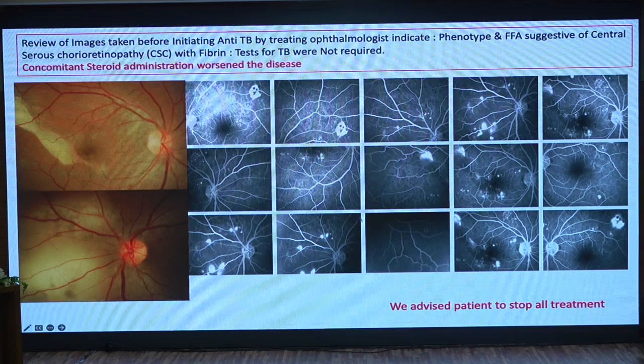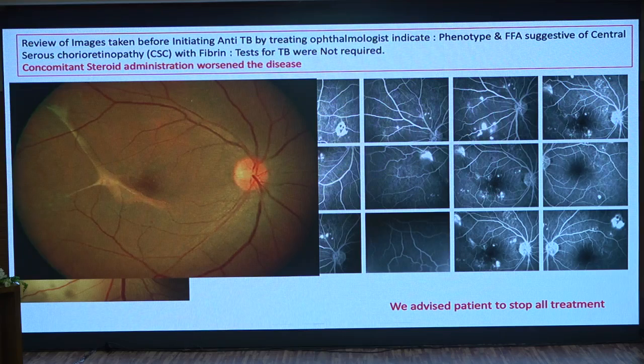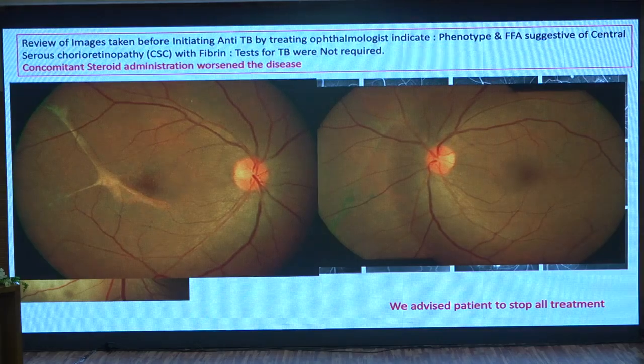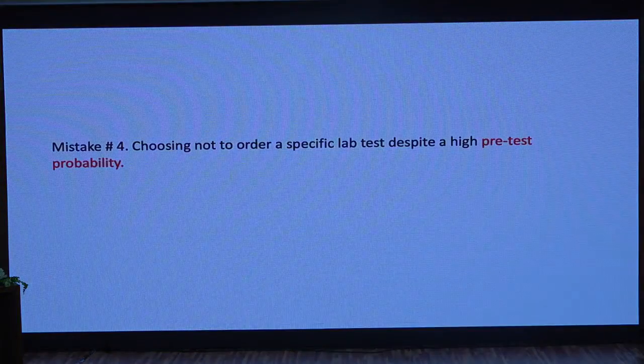If you look at the angiogram, these are multiple hyperfluorescent spots which are becoming more hyperfluorescent. Retinitis and choroiditis are hypo to hyper. They do not become hyper to hyper, which means this was not correct. It was actually a case of fibrinous CSC, which got complicated because of the treatment with steroids. We stopped everything, and that's how it ended.